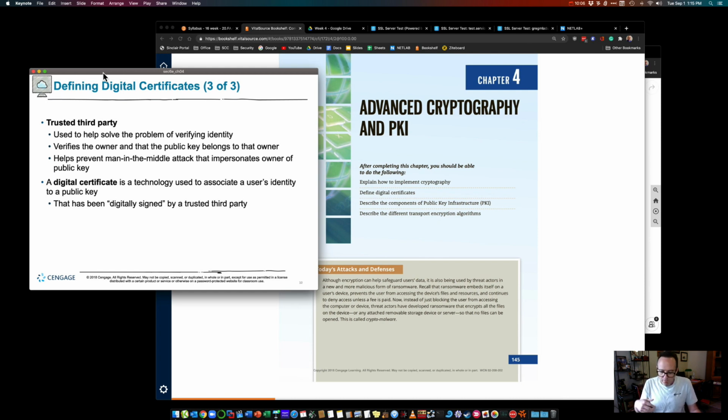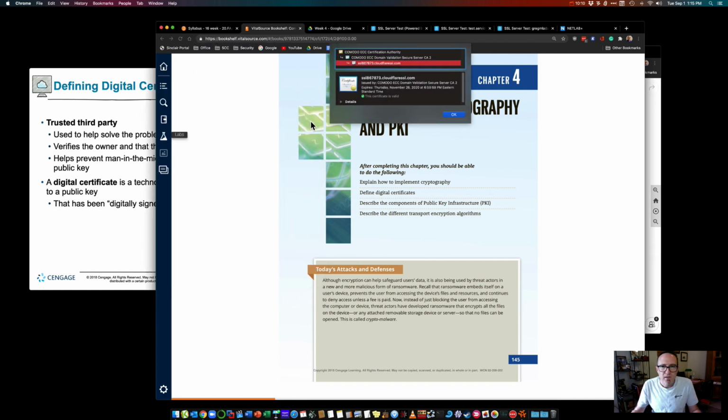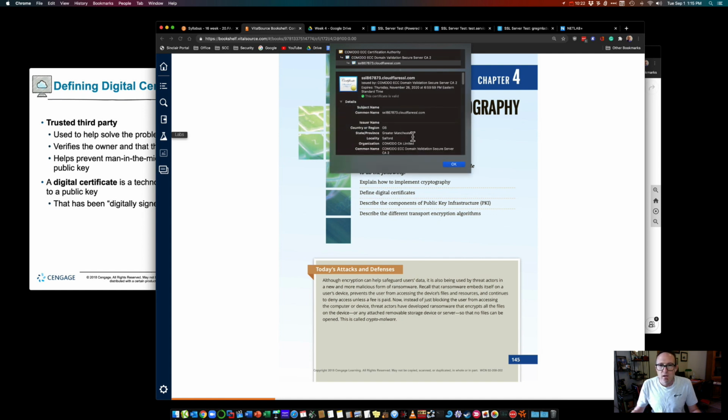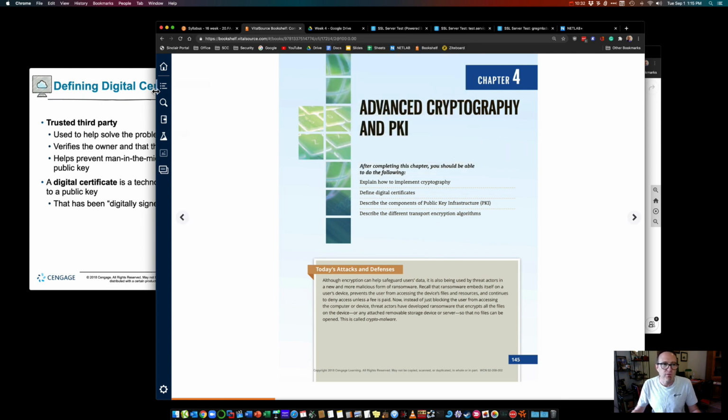In this side example, this is Comodo. We trust that the Comodo EV domain validation service says this is bookshelf.vitalsource.com, or vitalsource.com probably. Comodo is a trusted third party that can validate the certificate. Again, we see it here in the browser. This is also done for PKI.